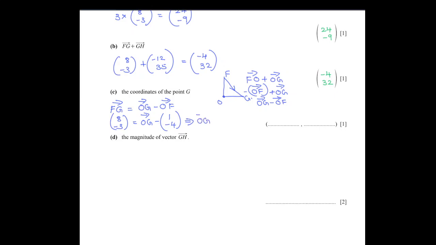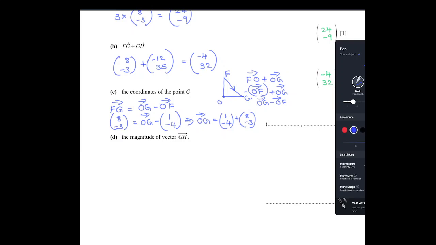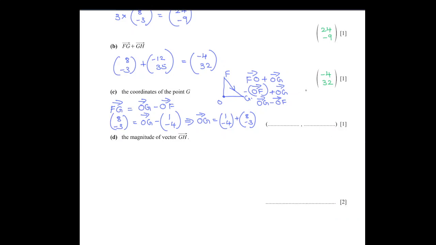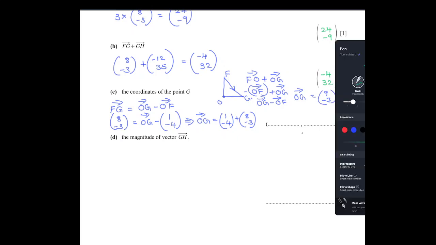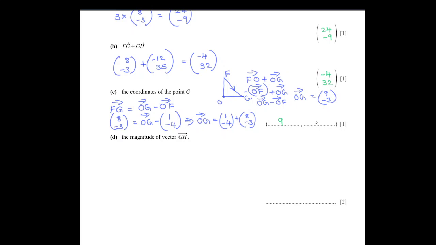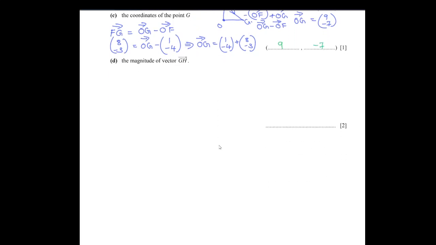OG is equal to (1, -4) plus (8, -3). Now 1 plus 8 is 9. Okay, write down here. OG is equal to (9, -7), since minus 4 minus 3 is minus 7. So when OG is (9, -7), the coordinates of G will be (9, -7). Question number C is done.